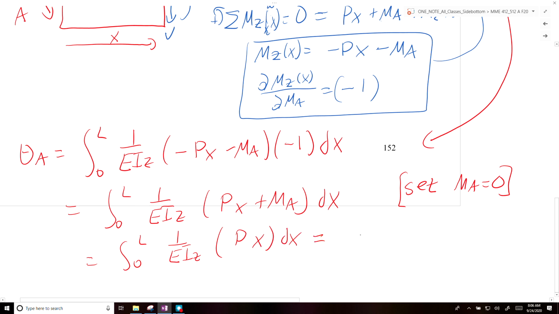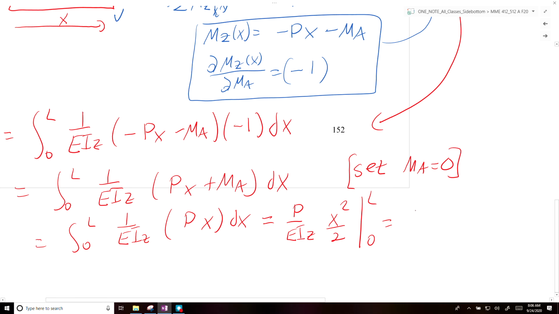When we do that integral, we get P over EIz times x squared over 2 from L to 0. Evaluating using the bounds of our integral, we end up getting just PL squared over 2EIz for our slope, which matches what we got in the same example problem in the last lecture using the original Castigliano's method.